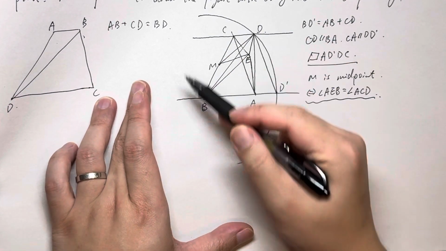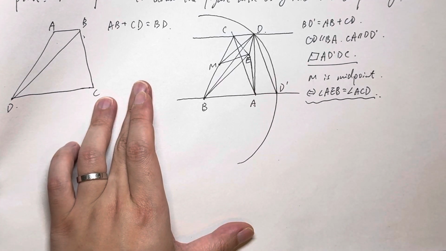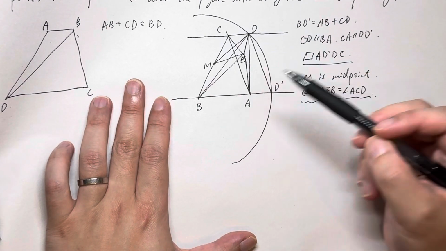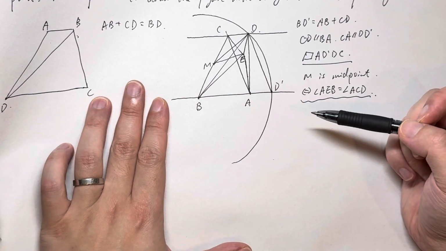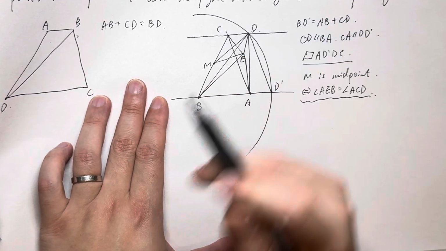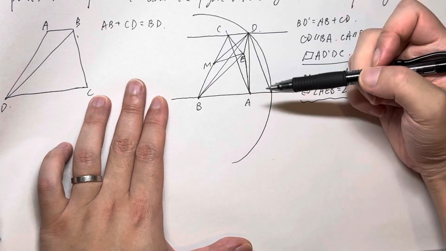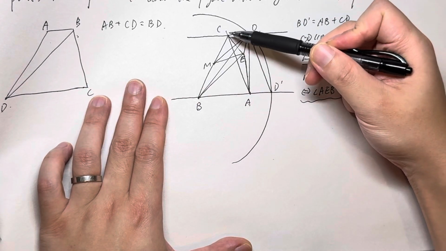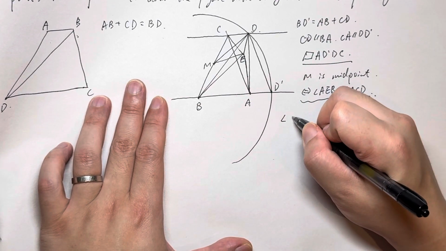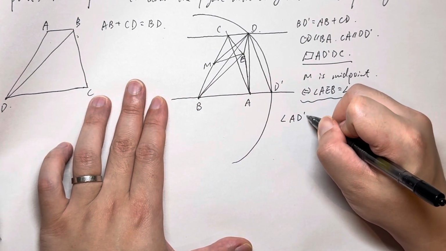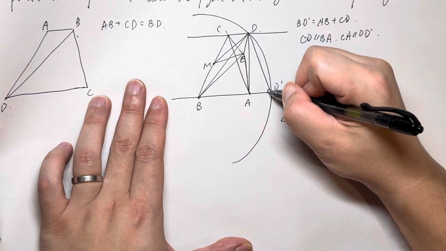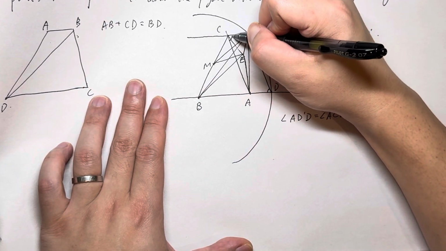Just look at the figure and try to find some conclusions here as much as possible. We already found that AD prime DC is a parallelogram, and we know that this angle, the angle AD prime D, equals angle ACD, right? This angle equals this angle.